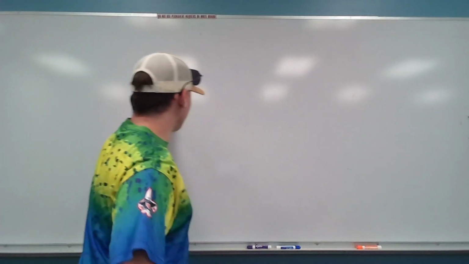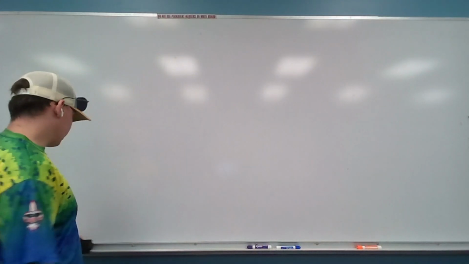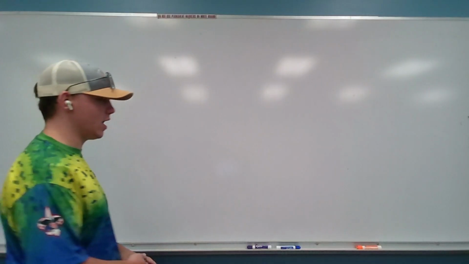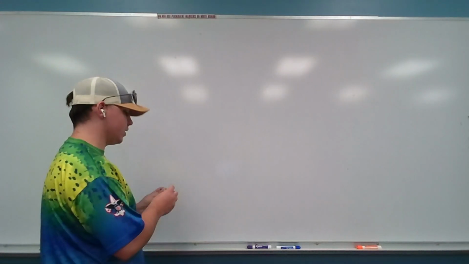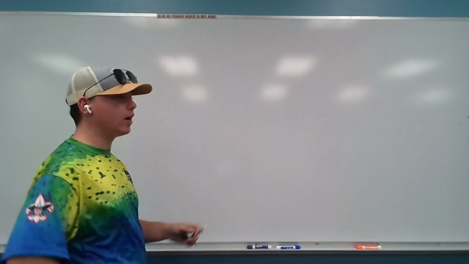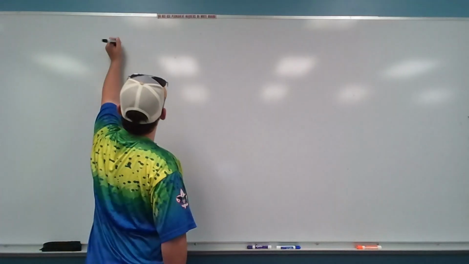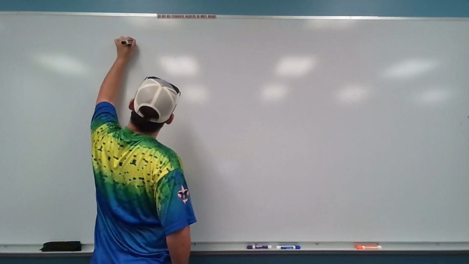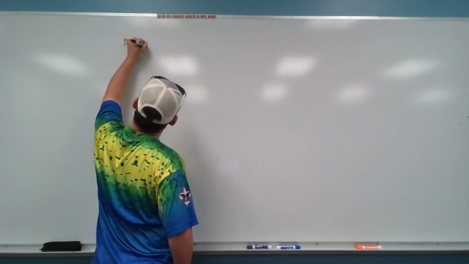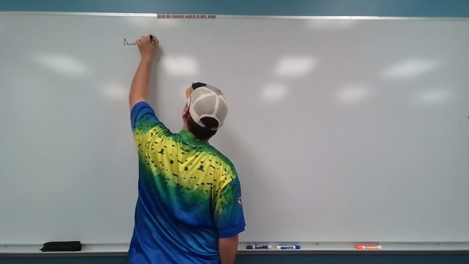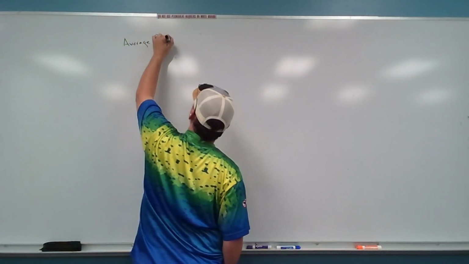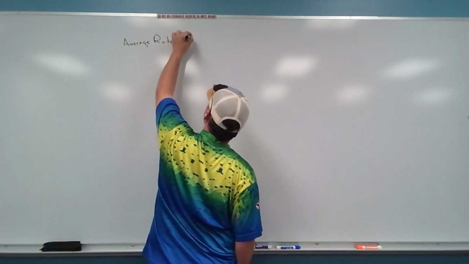So we're going to transform it, morph it, mutate it, whatever it is, from the change in y over change in x. Remember when I said that average rate of change has its own formula? Remember what that formula was? Rate of change.